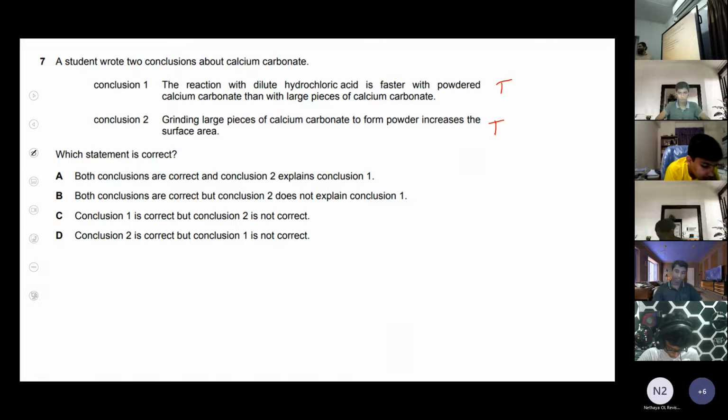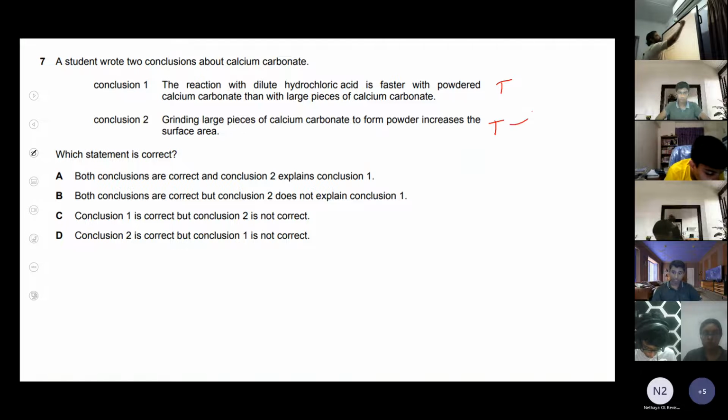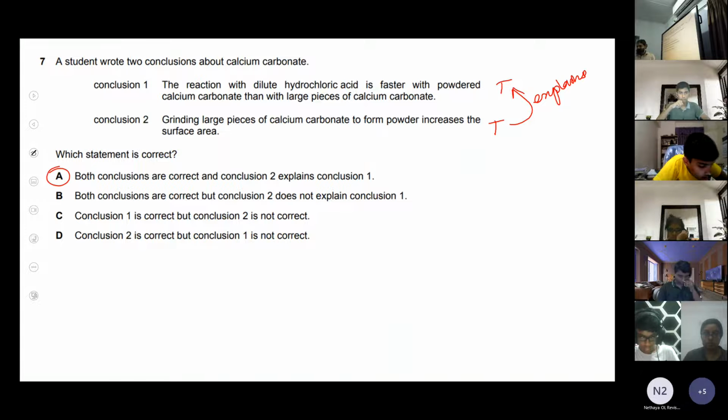True, and the second explains the first, because the reaction is faster when more surface area is there. Smart, like grade 9. Both conclusions are correct, and conclusion 2 explains conclusion 1. Of course. A. Right. Both conclusions are correct, but conclusion 2 doesn't explain conclusion 1. Okay.